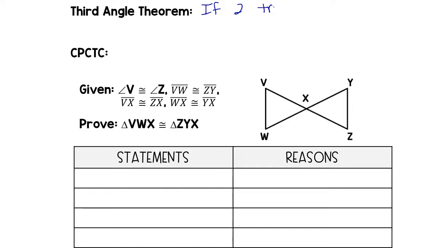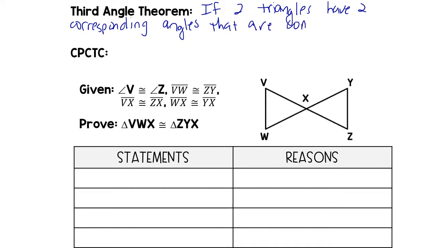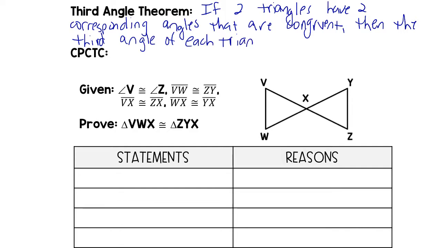If two triangles have two corresponding angles that are congruent, then the third angle of each triangle must also be congruent to each other. Whew, that's a long one.